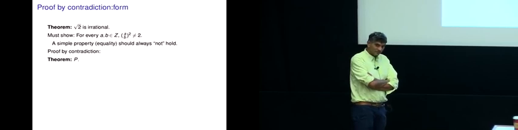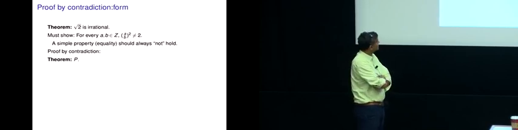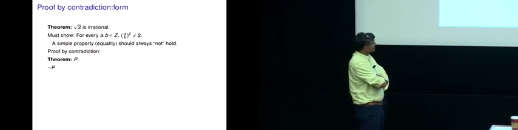So proof by contradiction is we have this theorem P that we're trying to prove, that square root 2 is irrational. So we're going to assume the opposite, and then we're going to do some proof.